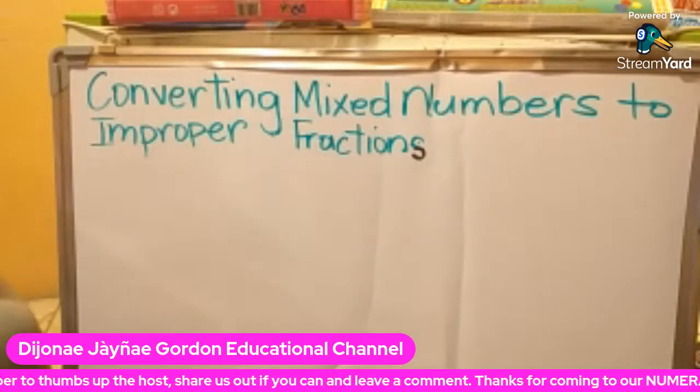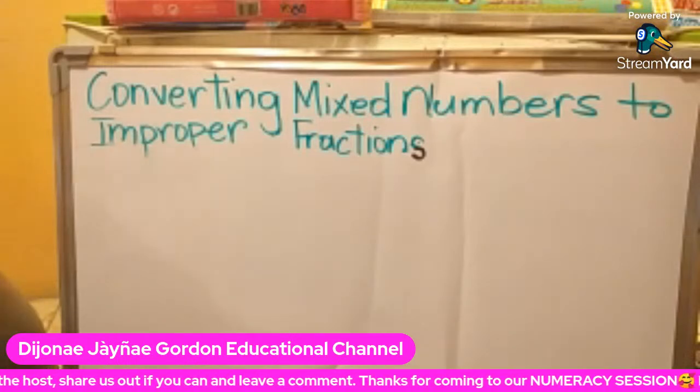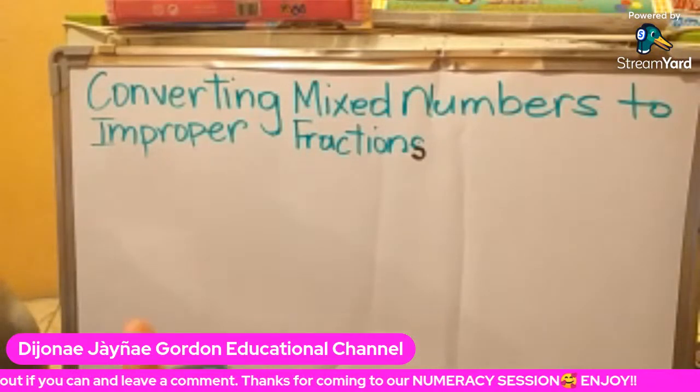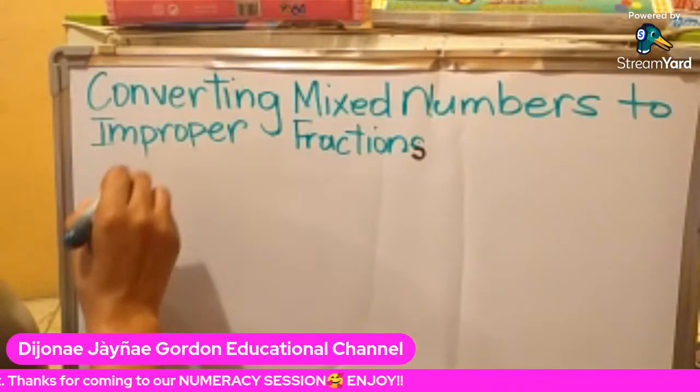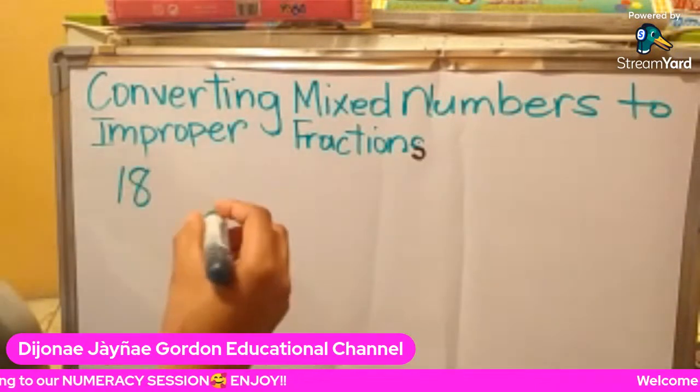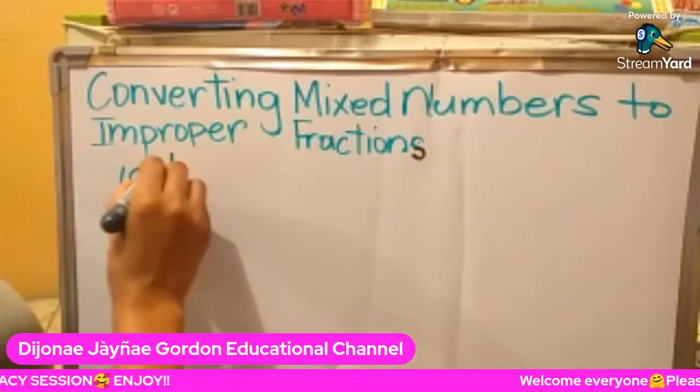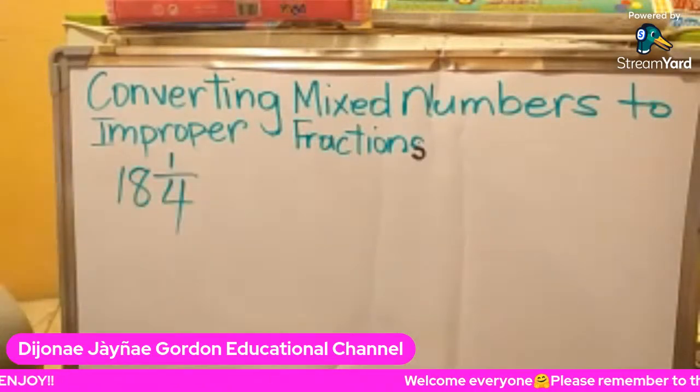All right. So let's see our next answer. I bet you don't get this one right. 18 and 1 over 4. Oh my God.